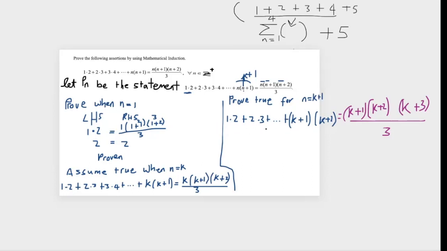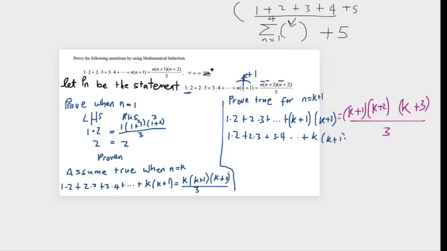So I can break this down to become the series 1 times 2 plus 2 times 3 plus 3 times 4, and so on, plus k into k plus 1.